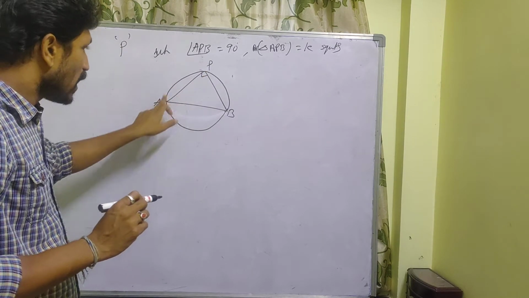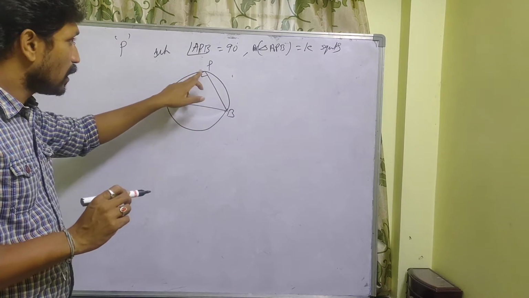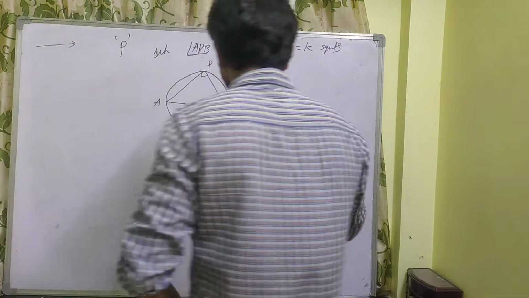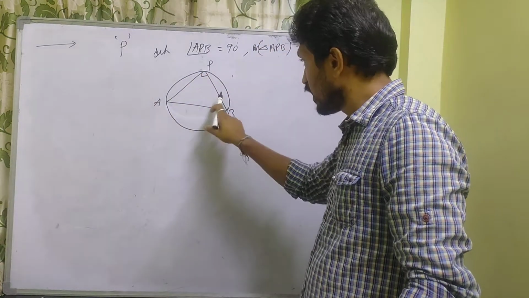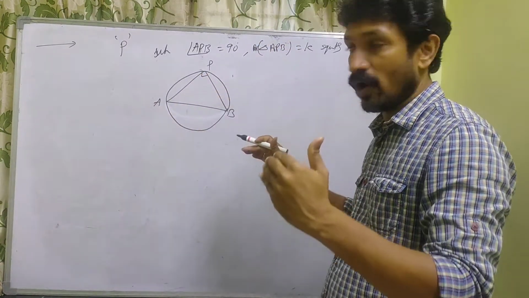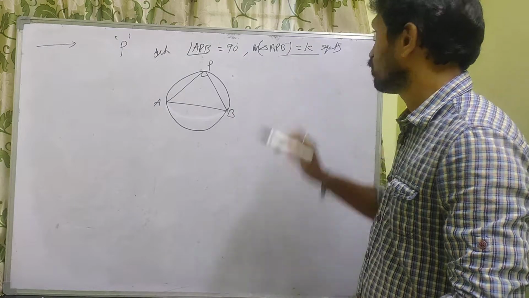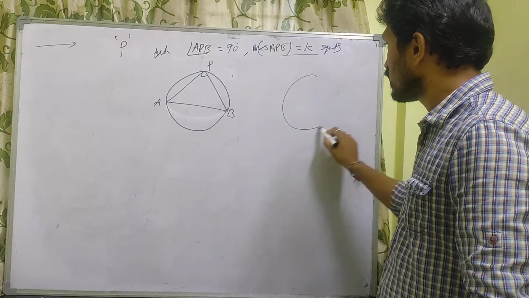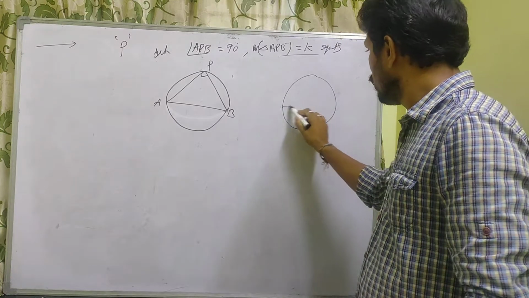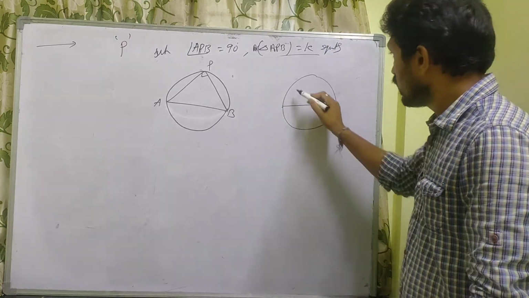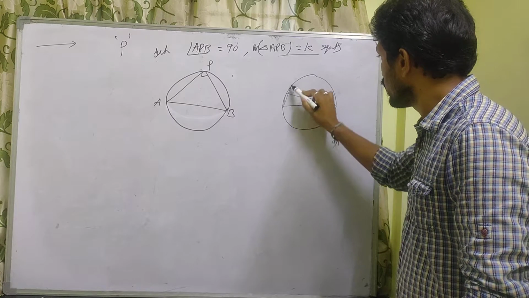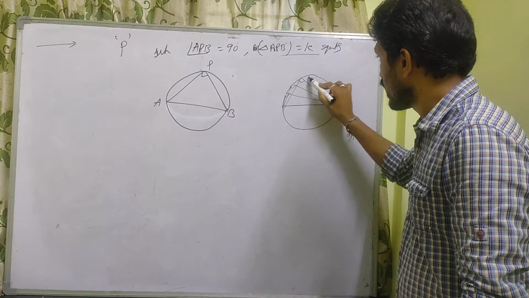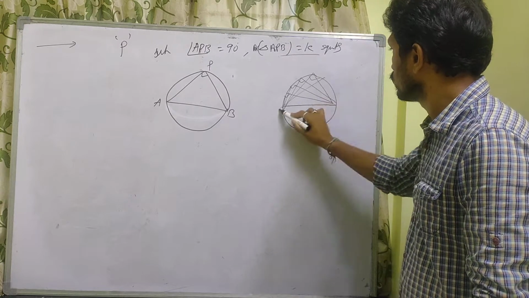See, angle APB is equal to 90 degrees, and what are the positions of P? You have some idea. We can draw infinite points. If you take like this, directly we can take infinitely many points. But they have given something: the area of triangle APB is equal to K. If it is a diameter, we can make infinitely many points such that it is a right angle triangle.